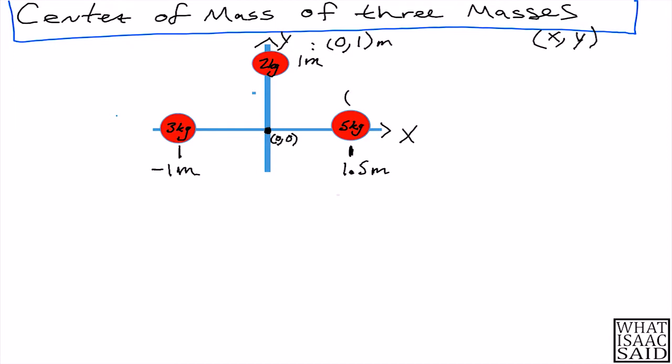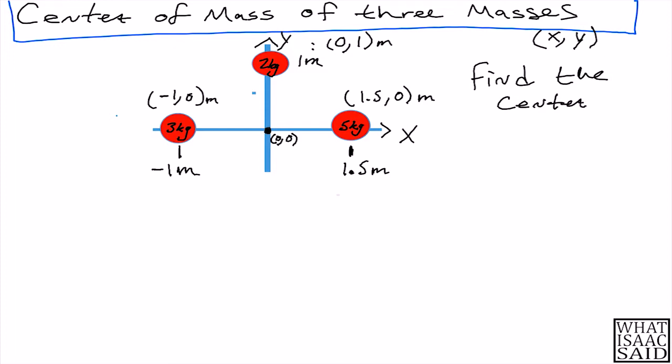Of this one will be 1.5, 0 meters, and of this one will be -1, 0 meters. So we want to find the center of mass.